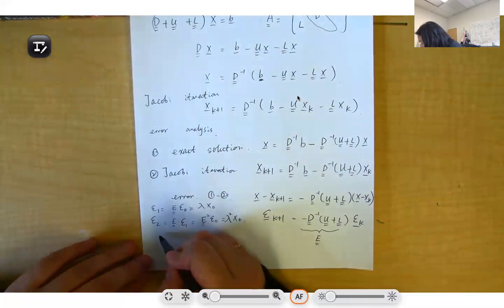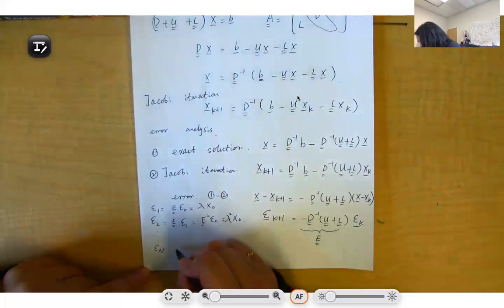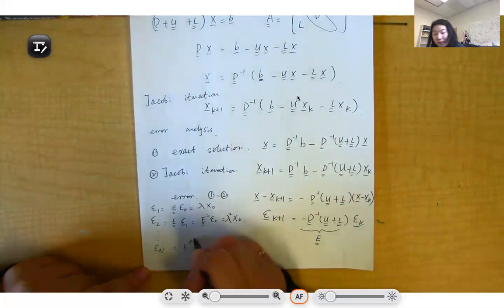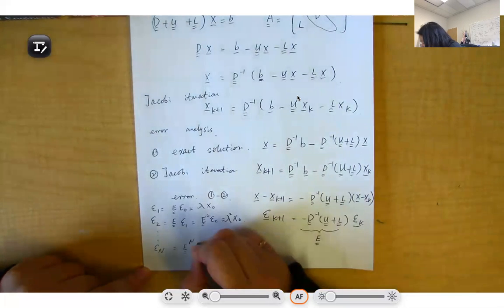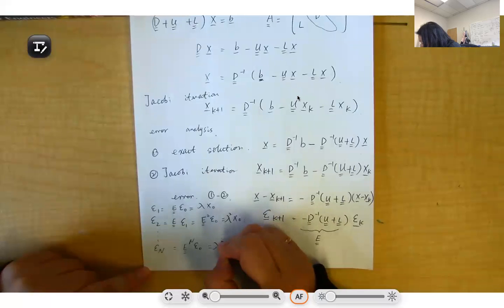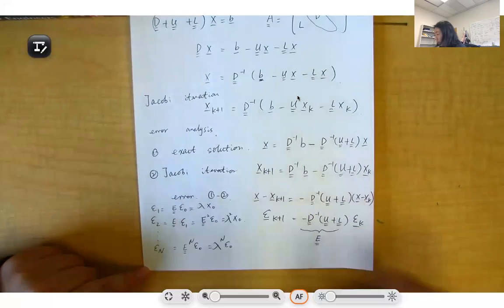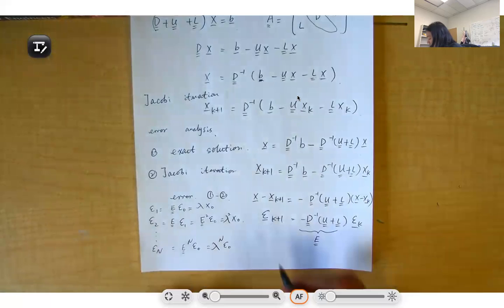And then you can continue until the error at step n, which equals E to the n times the error at step 0, that is lambda to the n times the error at step 0.